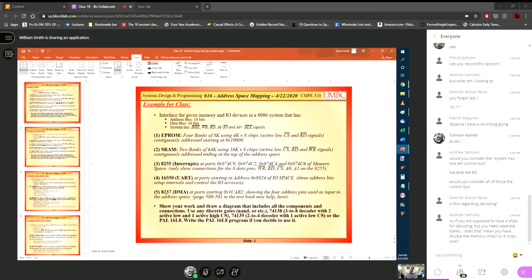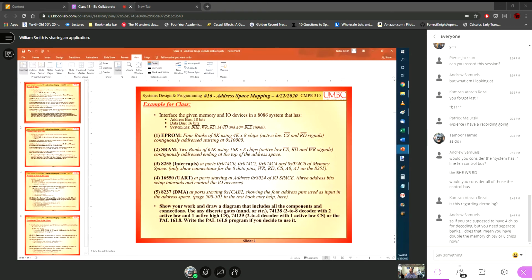4K means how many address bits do I need to get the 4K addresses? Supposed to have 4 chips for decoding. Yes. But let's talk about address bits first. I'm going to start from the bottom and work my way up here. So 4K, the number is the address range I need. I got 4K by 8 chips.